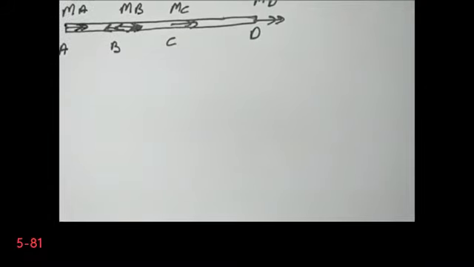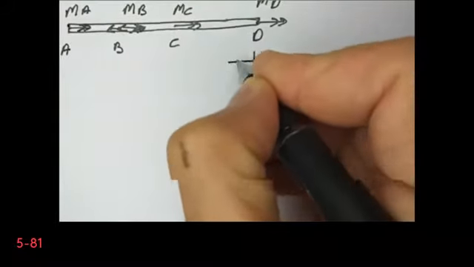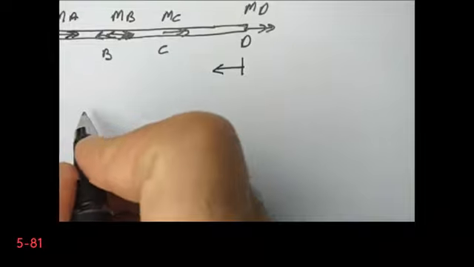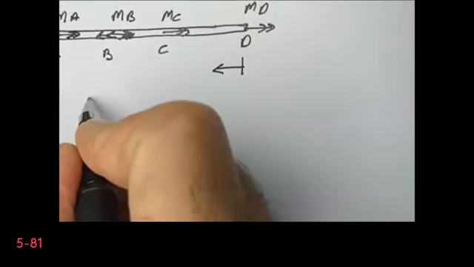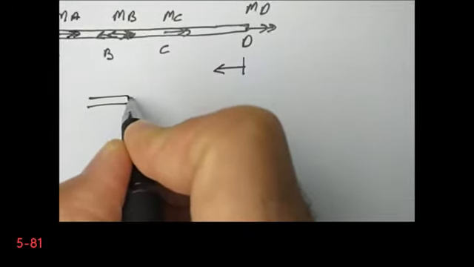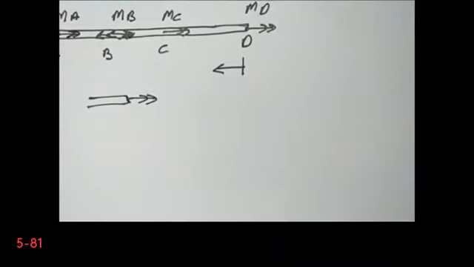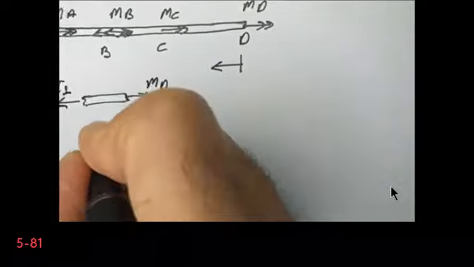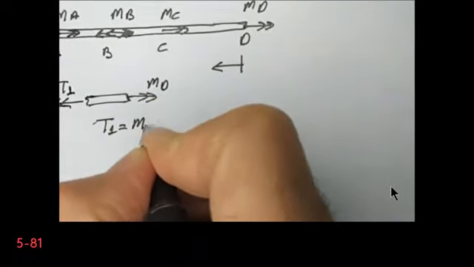Okay, I can begin to cut the structure either from point A or from point D. I prefer to put my origin to point D, and I will cut the structure beginning from point D. So first I'm going to cut between D and C. And let's say that this is torque 1, this is MD, therefore torque 1 is equal to MD.